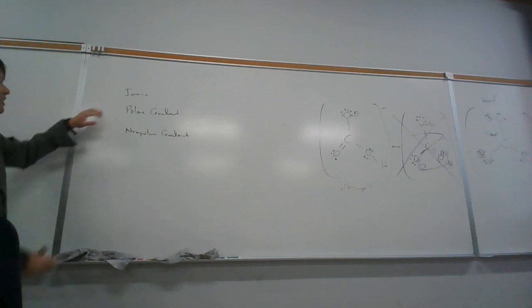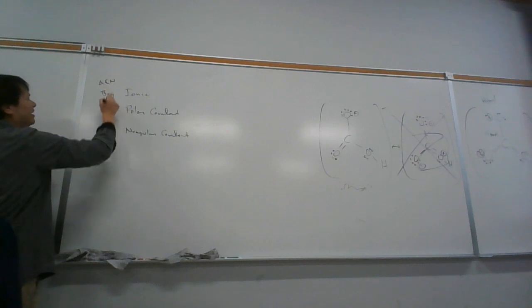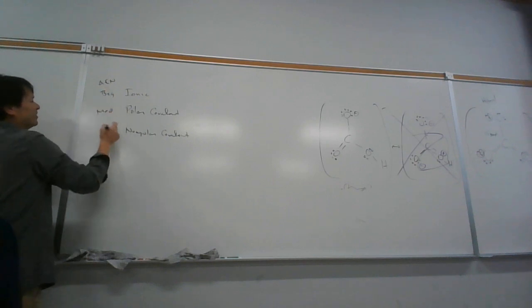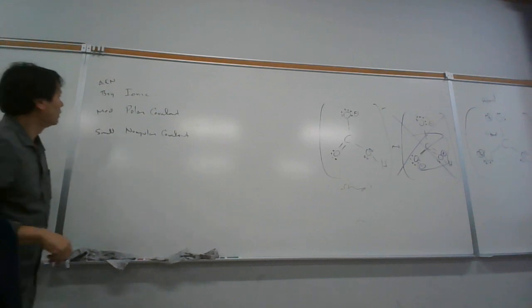It depends on the delta EN. If the delta EN is big, we have ionic. If it's medium, we have polar covalent. If it's small, we have non-polar covalent.